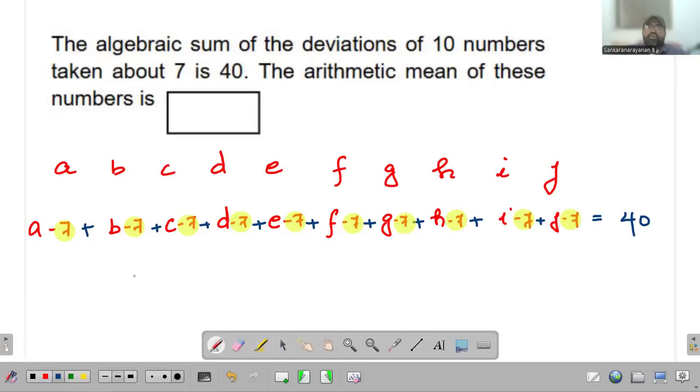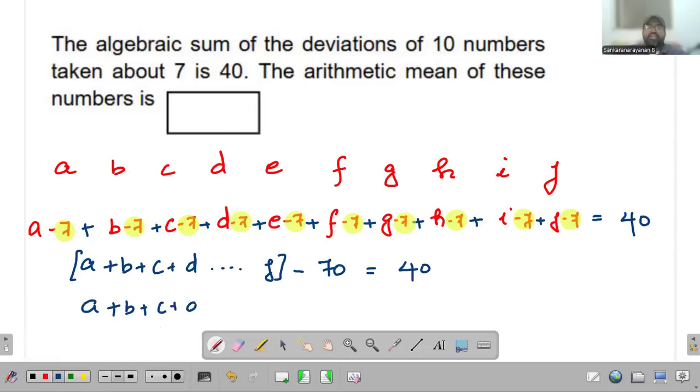So can I not consider that this is nothing but A, B, C, D, etc. up to J minus 70, and that is equal to 40? So this gives me A plus B plus C plus D plus etc. up to J equal to 70 plus 40, that is equal to 110.